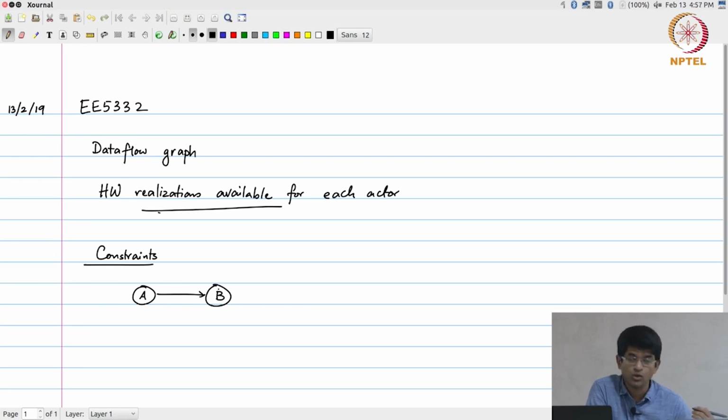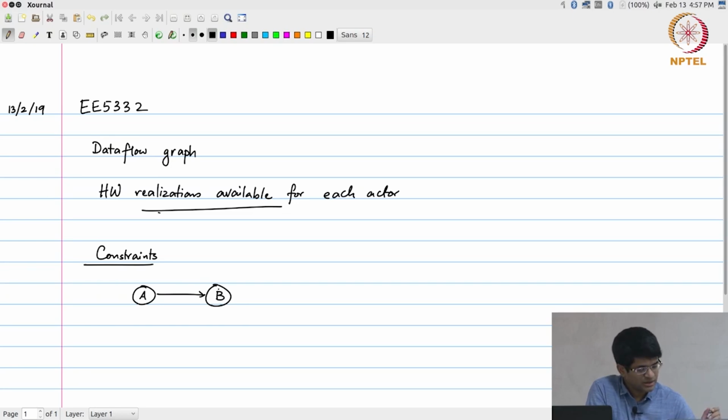I don't care how complex A and B are. The only assumption is A is one self-contained data flow block, meaning that it performs in a data flow manner whenever it receives inputs, if it has any. In this case it doesn't seem to have any, but whenever it receives inputs as required, it is capable of generating outputs. There is no other constraint or requirement for it to function. Whenever it gets data, it can consume that data, operate on it and produce outputs. Similarly, B is also of the same type. That's the only assumption I am making.